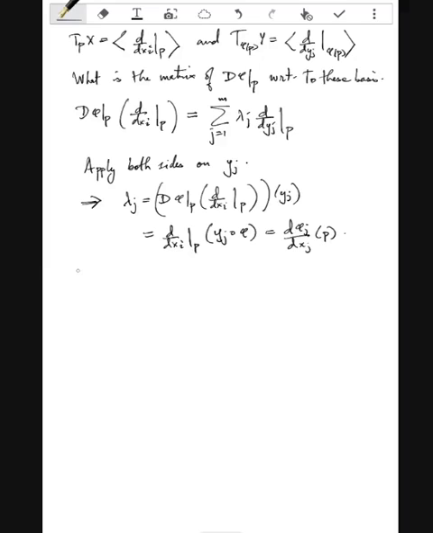So here, note that phi from U intersection phi inverse V to V looks like, in coordinates, x maps to phi 1 of x, phi 2 of x, up to phi m of x.